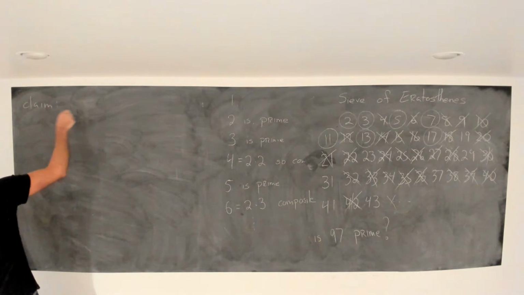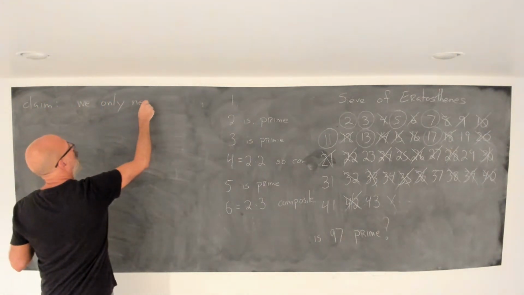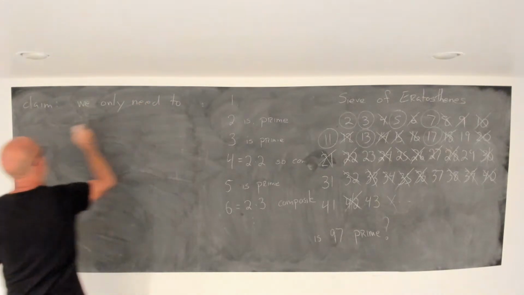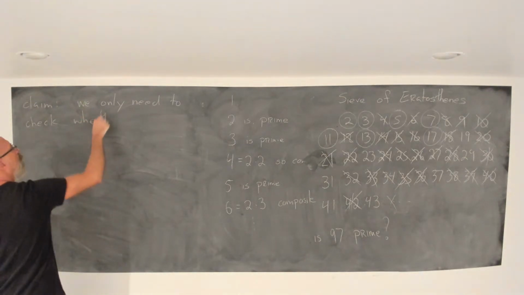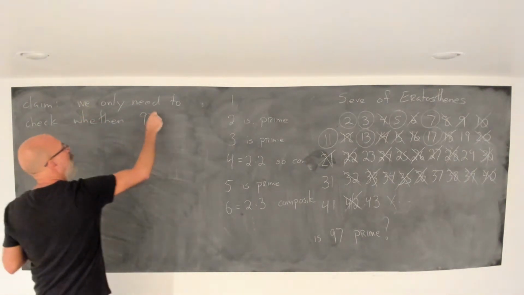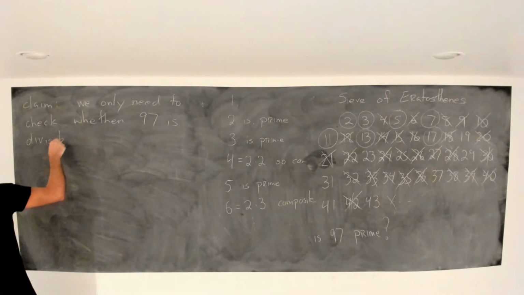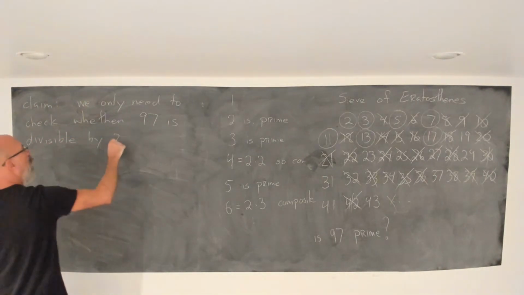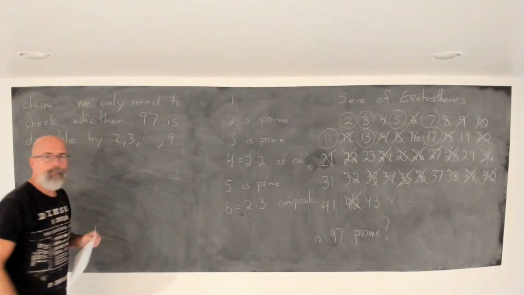Here's my claim: we only need to check whether 97 is divisible by 2, 3, 4, 5, all the way to 9.